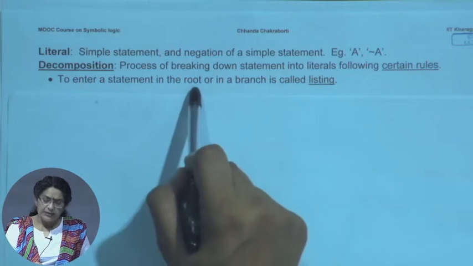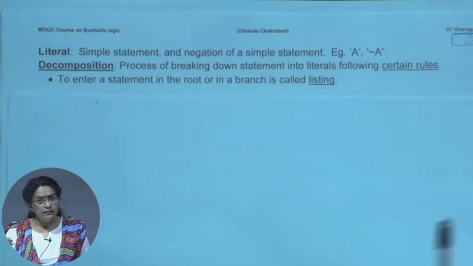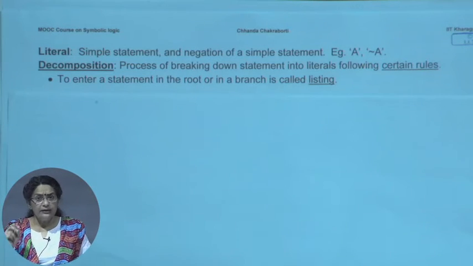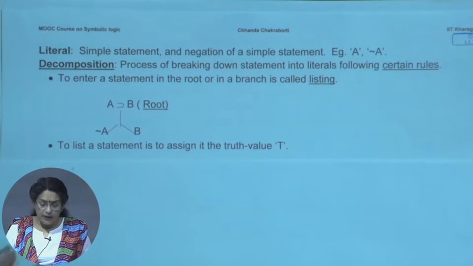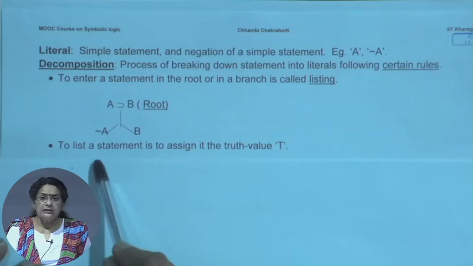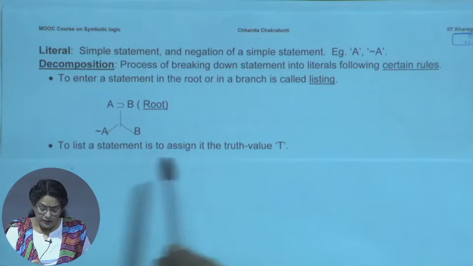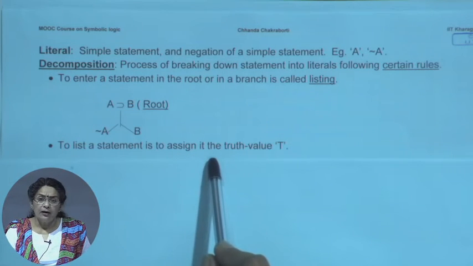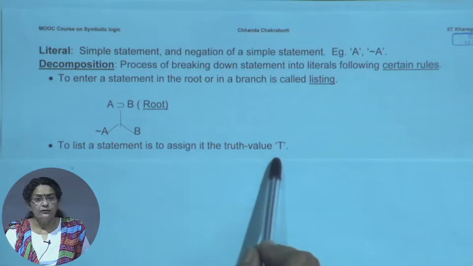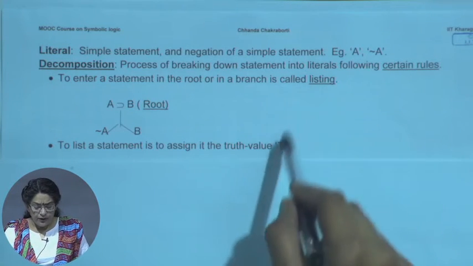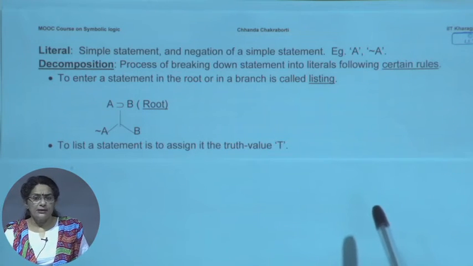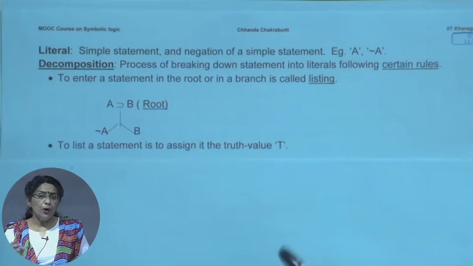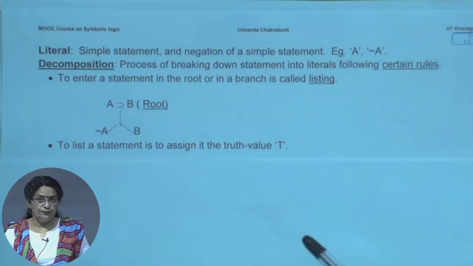Whether it is in the root or in the branches, when you are entering something, it is called listing. Why is that important? Because whenever you list a statement in a truth tree, you are claiming or assuming that its truth value is true. If you remember these 2 points, you will have a much better grasp of what the procedure is telling you.